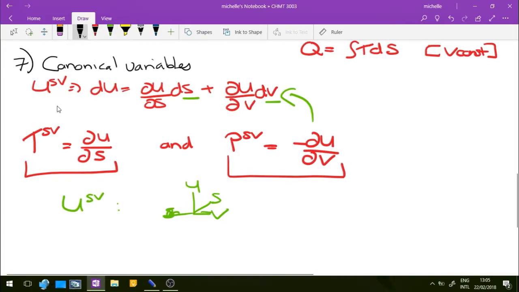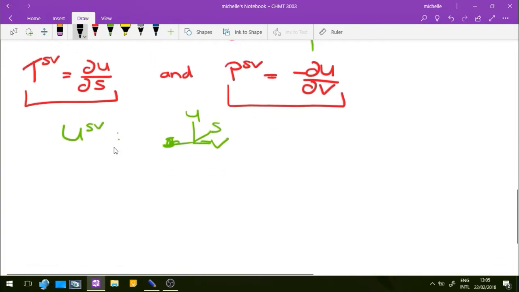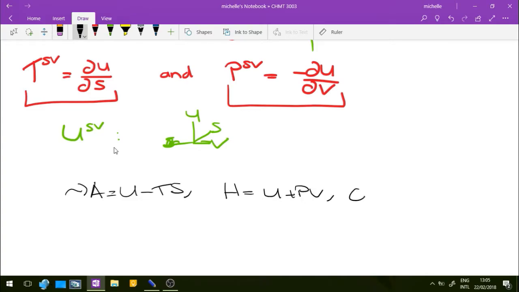So from our source function, from the canonical variable source functions, by using the other thermodynamic definitions, where a is equal to u minus ts, and where h is equal to u plus pv, and where g is equal to u minus ts plus pv, then what?